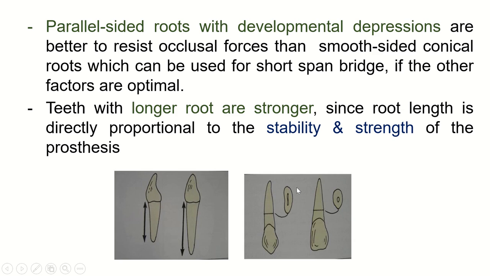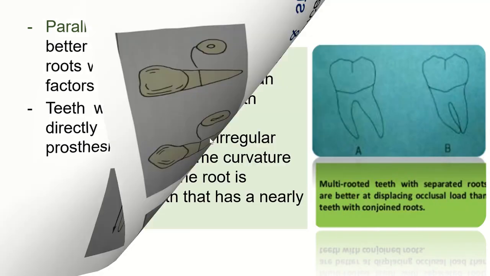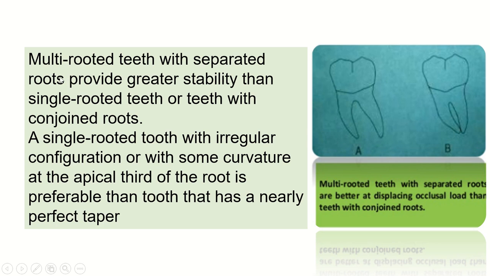So as a summary, if I have greater buccolingual dimension than mesiodistal, I get better support and better stability, and also if I have a longer root, or multi-rooted teeth. In multi-rooted teeth, well separated roots will give me better stability than single rooted teeth or teeth with conjoined or fused roots. Here I will have more bony support than the fused one.